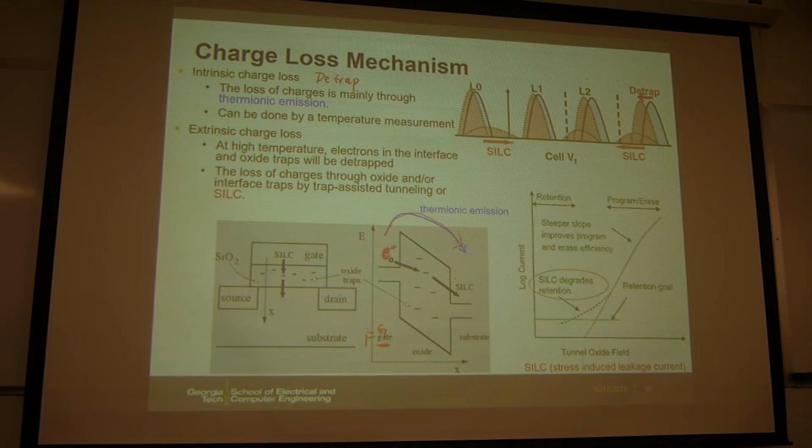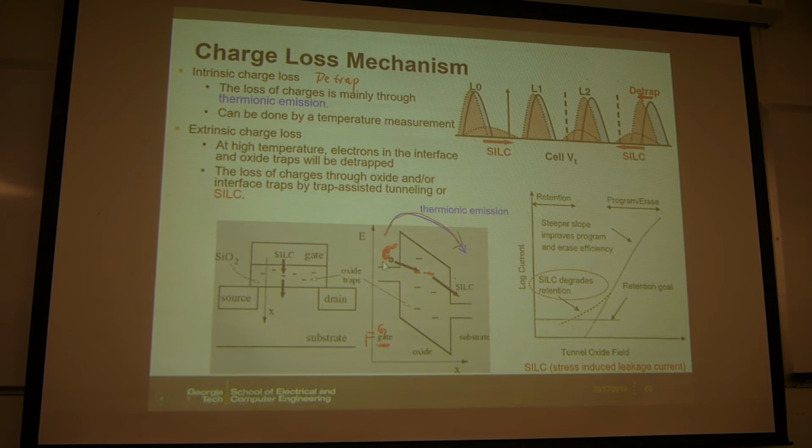The other mechanism for electrons to leak is through this defect in the oxide. So this is like the vacancy of the oxide. So if you lose one oxygen atom in the oxide, it causes a vacancy of the oxygen in the oxide. So it will behave like a trap for the electron.